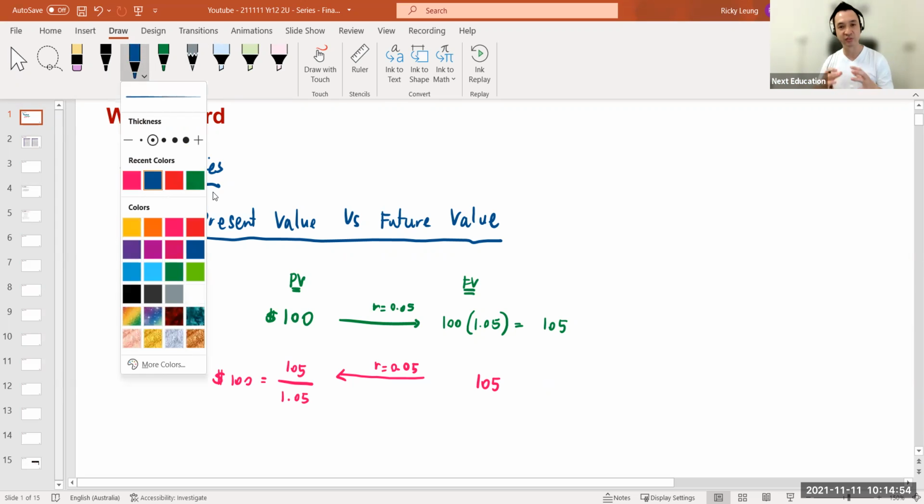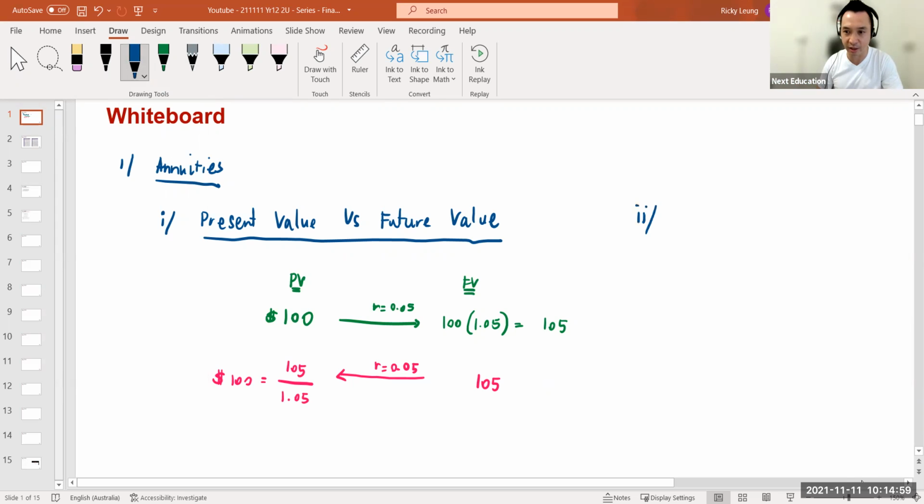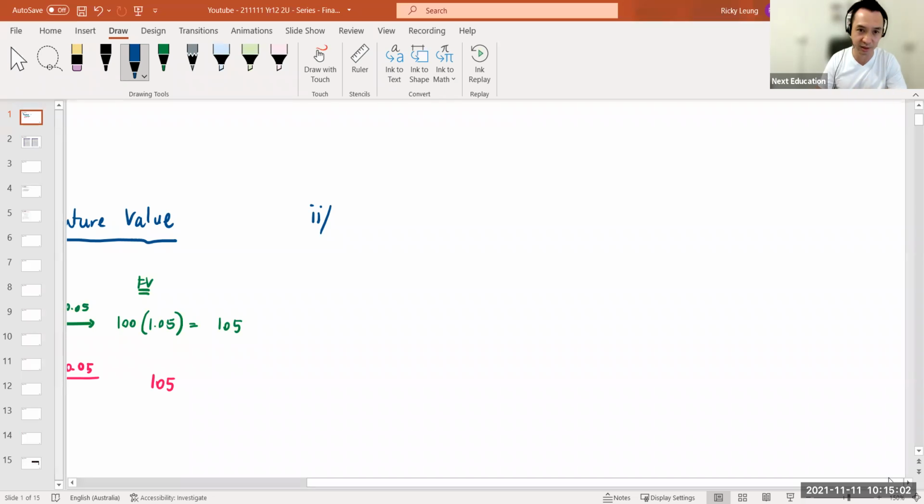So what does this mean for our topic? You would have seen in the first video, when I did superannuation, I love this diagram. The concept of total present value versus accumulated future value.